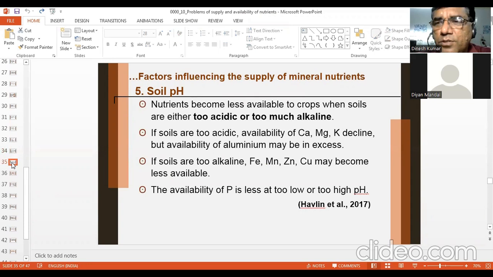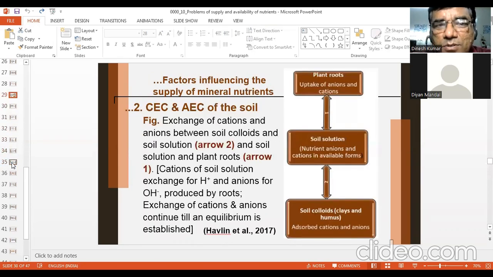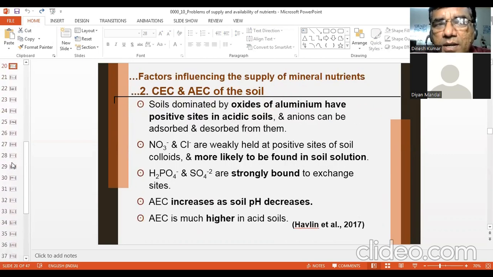Now, next is your soil pH. So you have seen many factors like buffering capacity of the soil, your cation exchange capacity, anion exchange capacity, mobility of the nutrients, and your base saturation. So a number of factors, you can see, are affecting the availability of the nutrients.